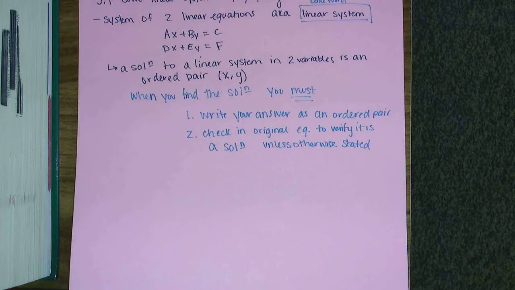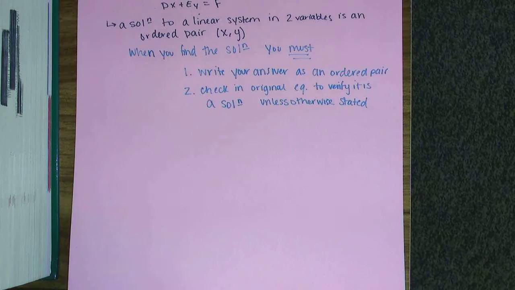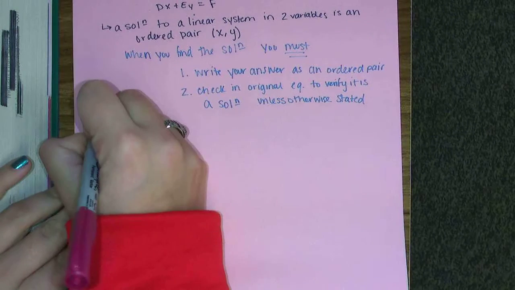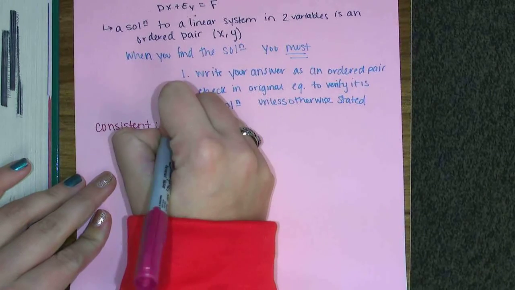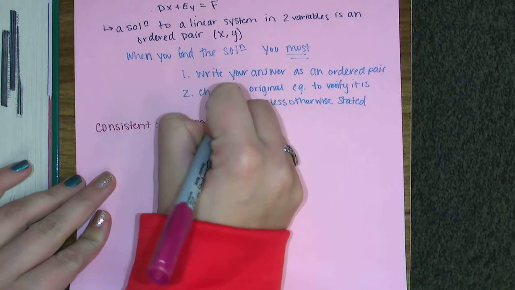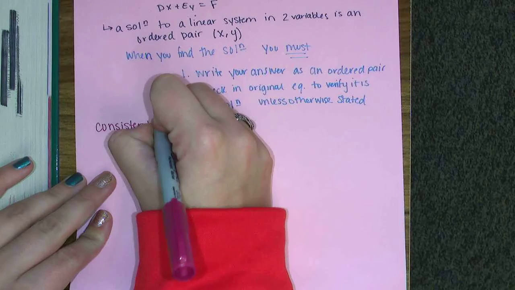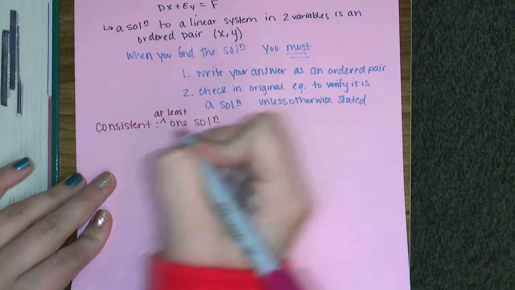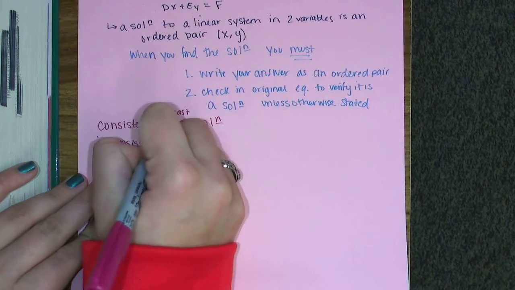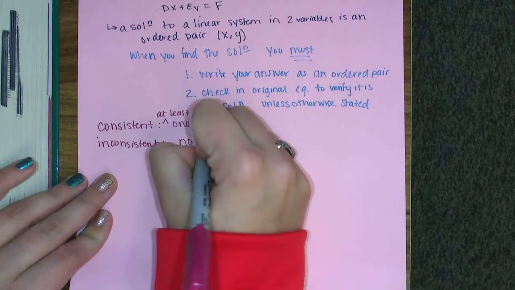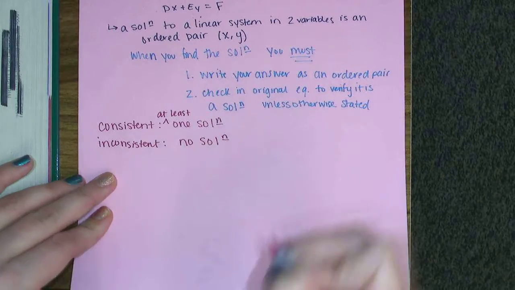So a couple definitions here really quick. Try to keep this short. Consistent is one solution, or I should say at least one solution. Inconsistent is no solution. Okay, so this is how we classify things.